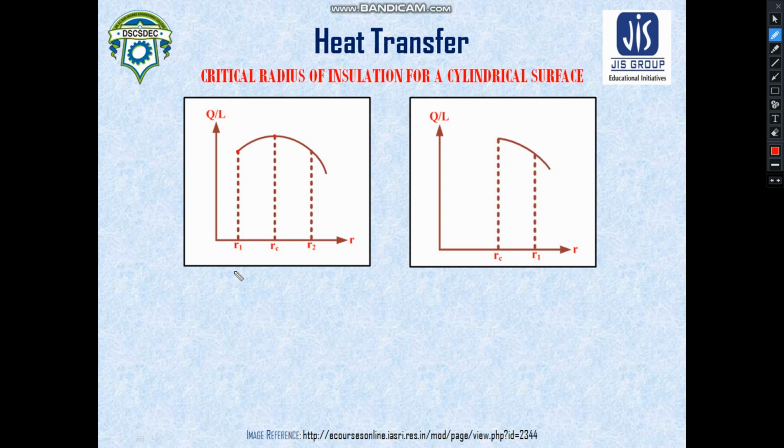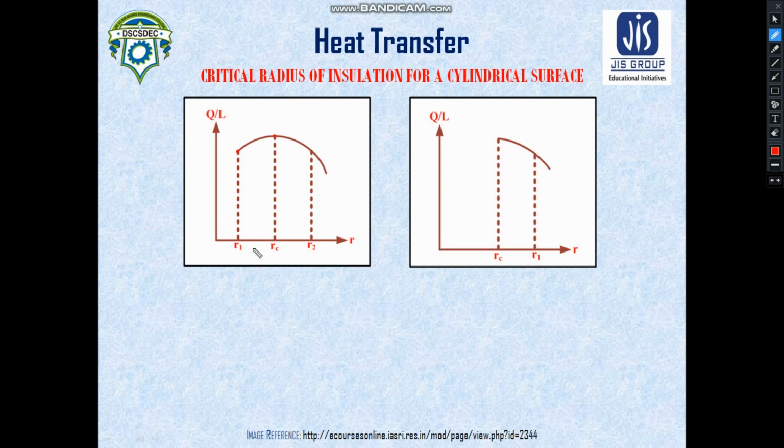This R1 indicates the inner radius. That means if you go on insulating the material, then the heat transfer would become maximum, and if your thickness or radius of insulation is greater than the critical radius of insulation, then the heat transfer rate would drop. Initially it goes on increasing, reaches the maximum value, and then decreases.